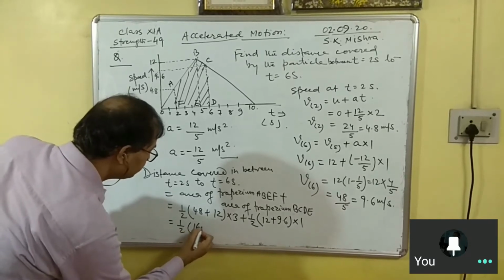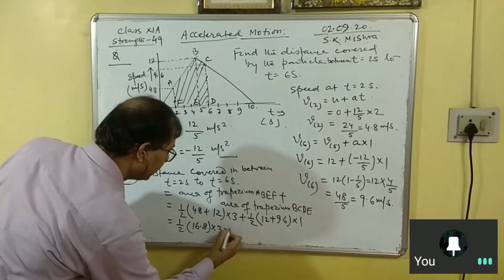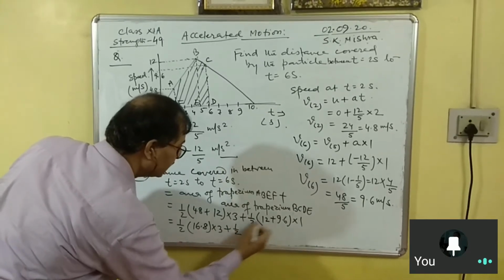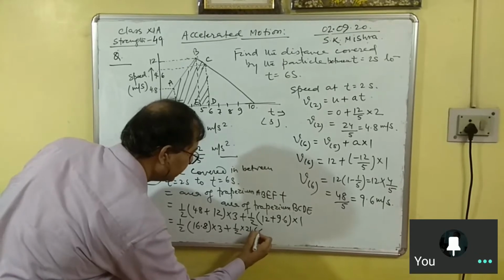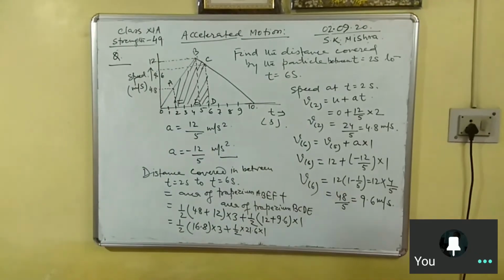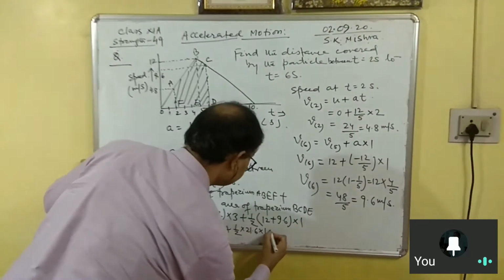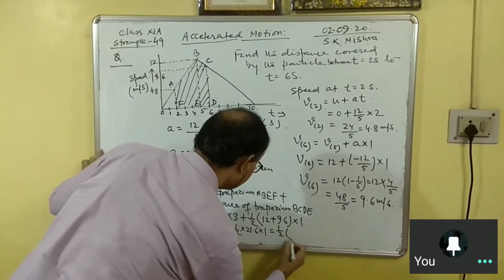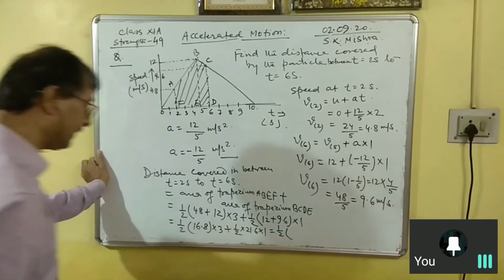16.8 into 3 plus 1 by 2, and this one is 21.6 into 1. Now take 1 by 2 common. So this is 1 by 2 and then 16.8 into 3. How much is it?